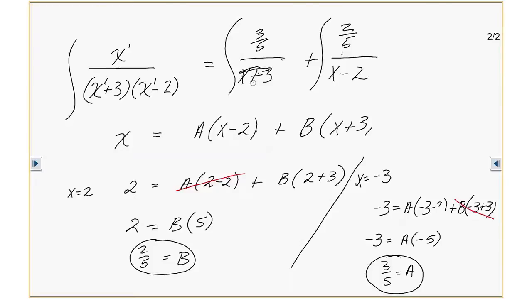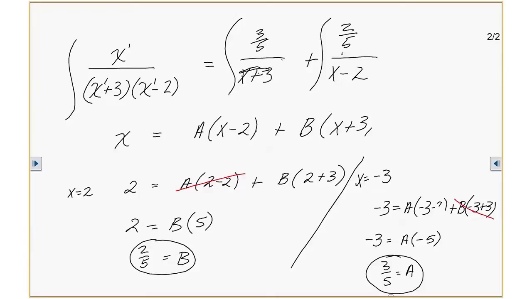Now, isn't this and this easier to work with than this? Because the 2/5 comes out, you have dx over x. You can take the antiderivative. Most of the time, you're going to get a lot of natural logs in these answers. Okay? When do we integrate?